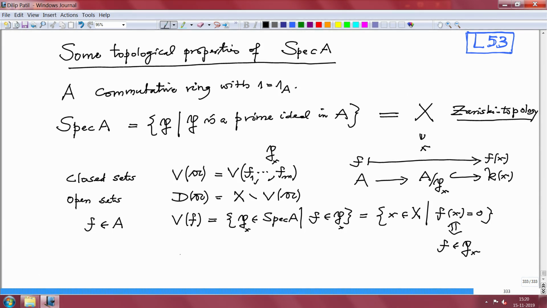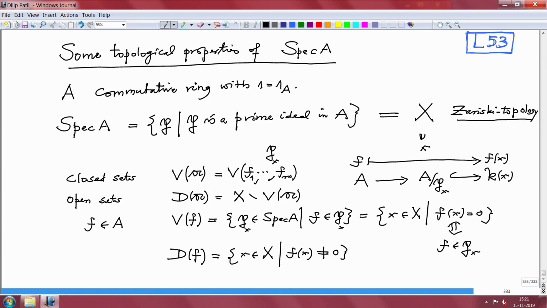Alright. So, what is the complement D(f)? D(f) is precisely all those x in X such that f(x) is non-zero. Even when we were studying calculus, the usual standard thinking was that being non-zero is always an open property.